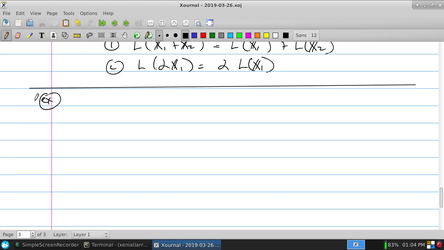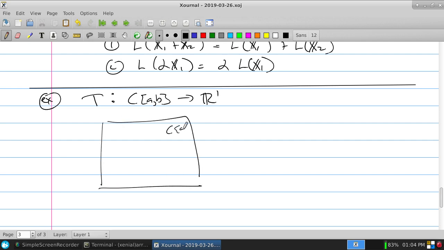Let's say that I'm going to have a transform, let's call it T, that's going to take, let's do a kind of a classic example, any continuous function over AB and spit out a real number. So on this side, I have C[A,B].